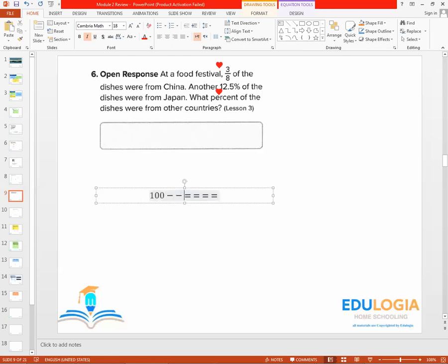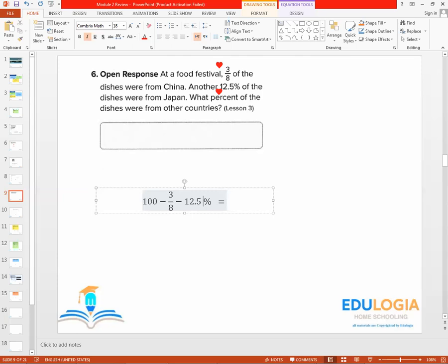The share of 3 over 8 for China must be subtracted. Also 12.5%, this is the share of Japan. Okay, many countries share the food festival.